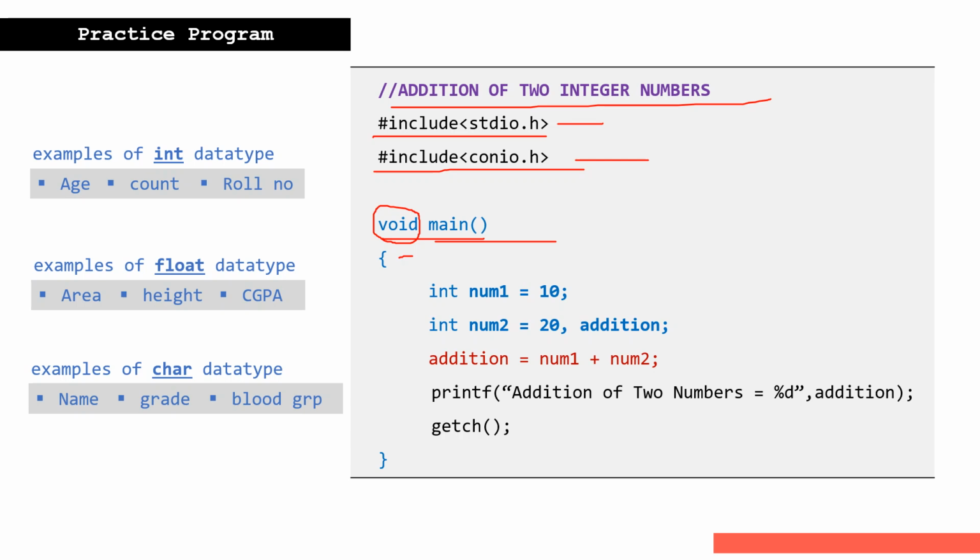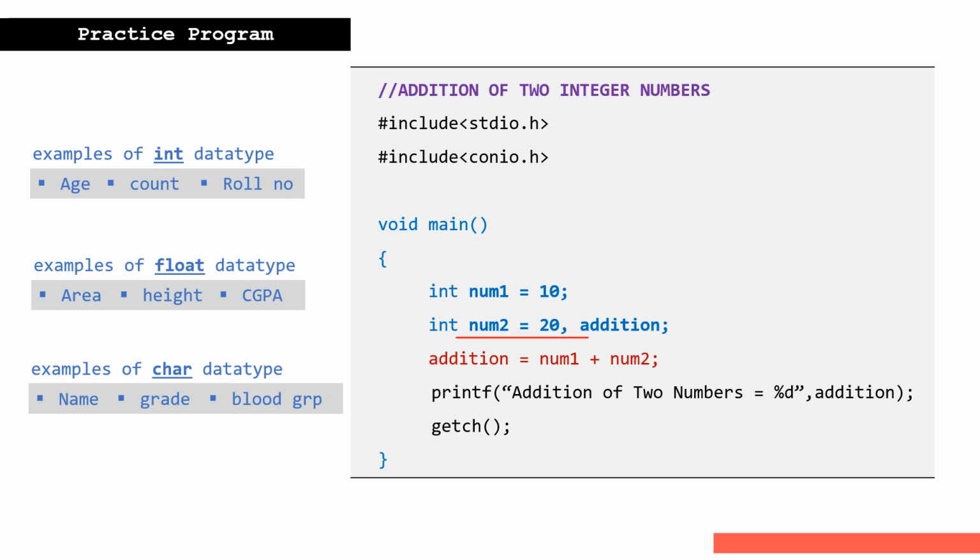Then I have declared and defined one variable: num1 is of integer type, and I have assigned the value 10 to it. Similarly, I have declared and defined num2 with the value 20, and I have declared one more variable, addition, to store the addition of num1 and num2.